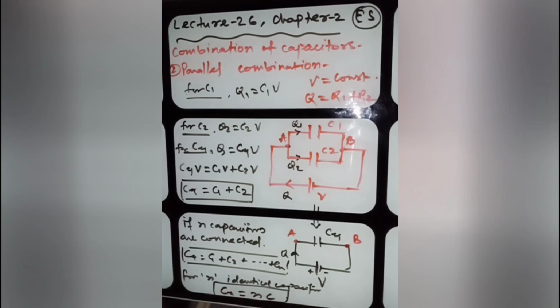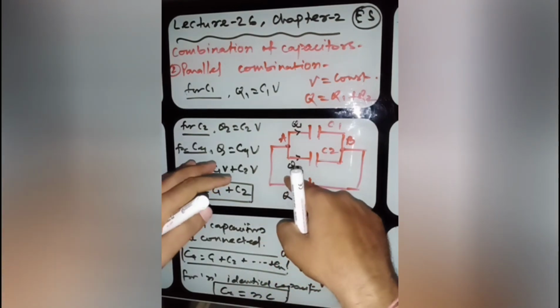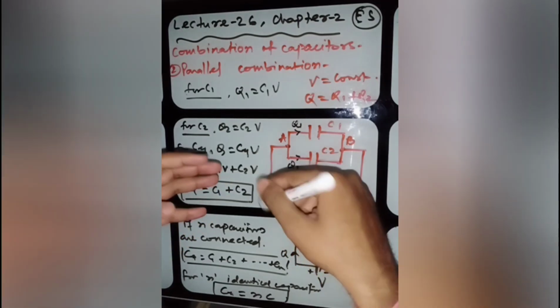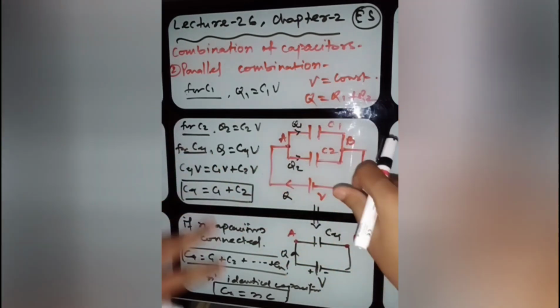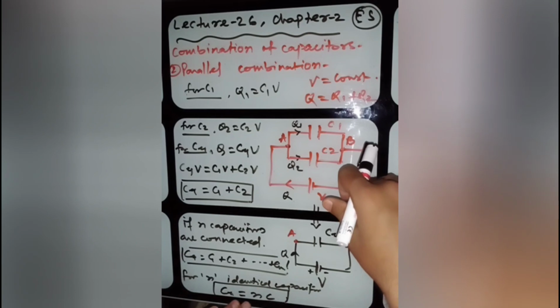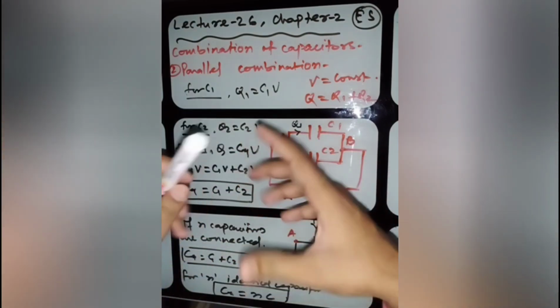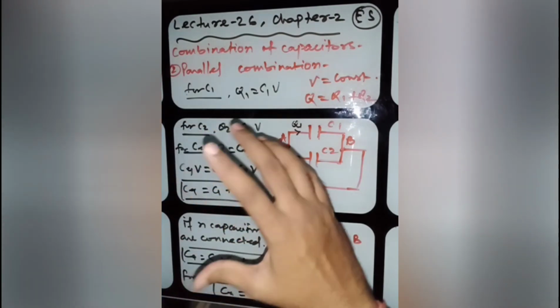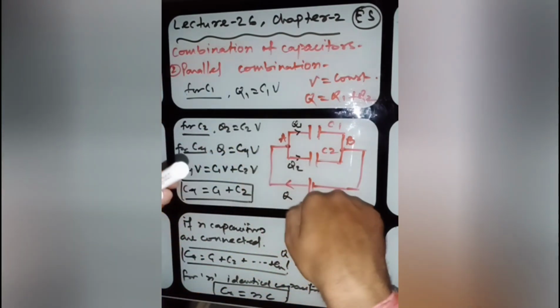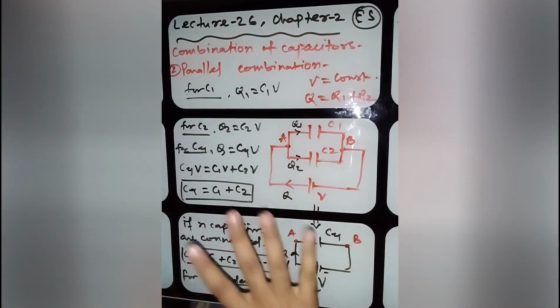Now by this equation we can say that in parallel combination, the equivalent capacitance increases. My dear students, in parallel combination the equivalent capacitance increases. As it was in series the net capacitance decreases, and here you can see it is increasing.